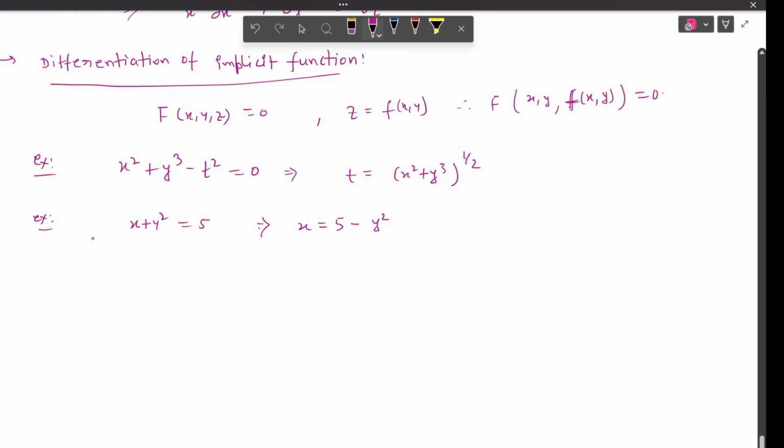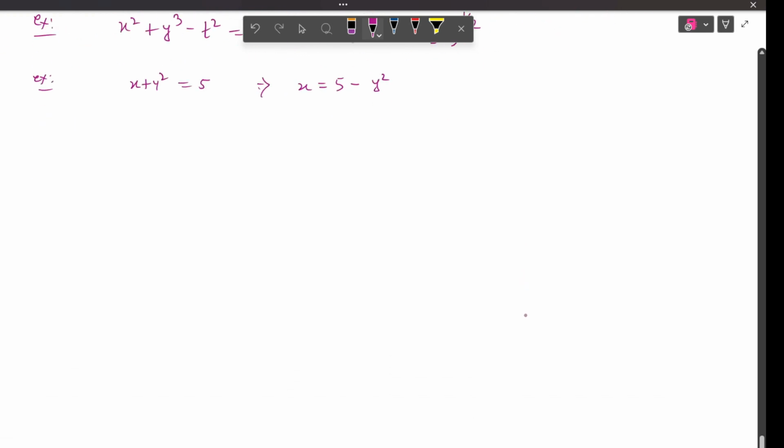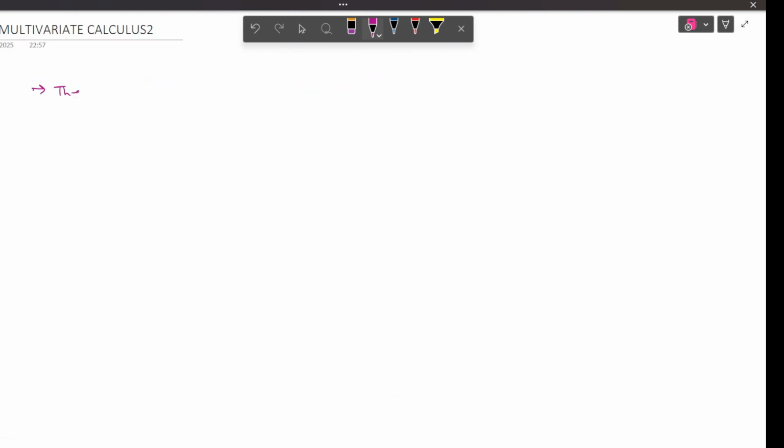Now let us see the theorem regarding implicit functions. The first theorem is for two variables, one equation. So let's see the theorem.